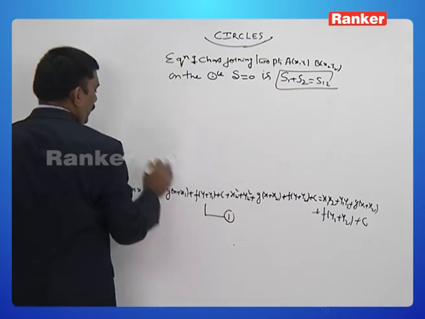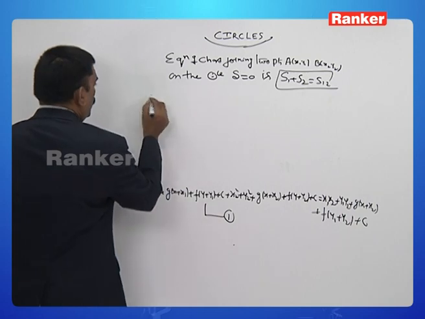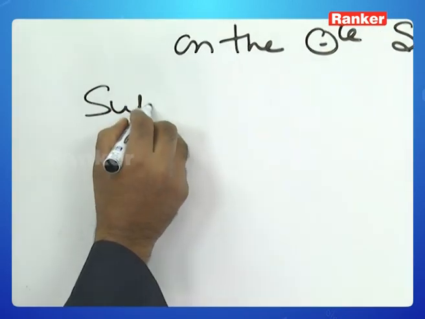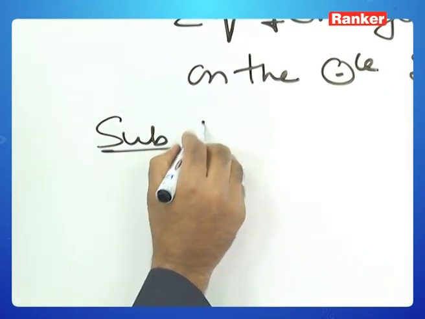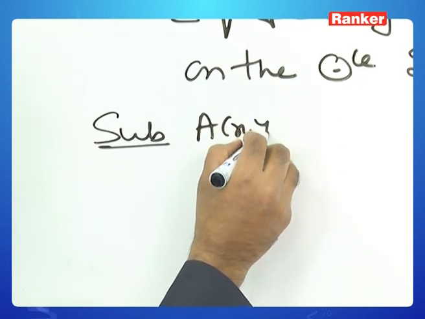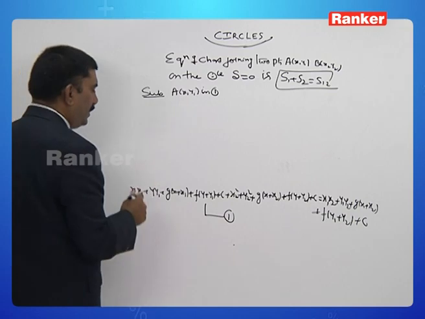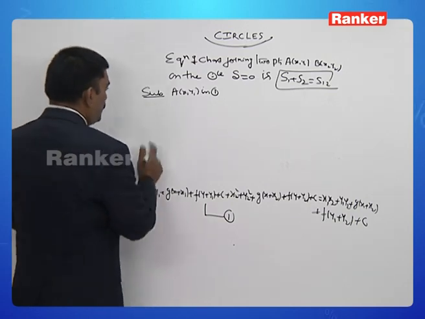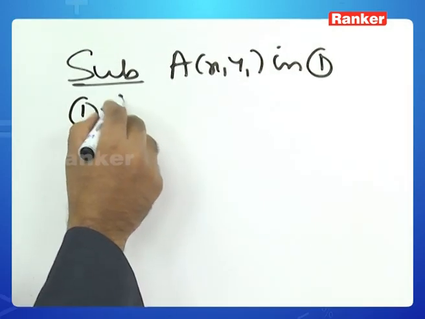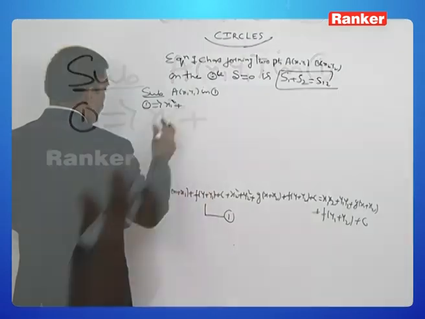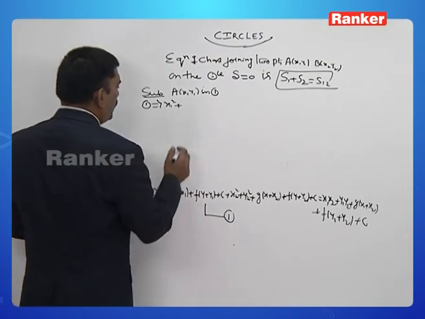Now we can observe, substitute A of x1 comma y1 in 1. In place of x and y, substitute x1, y1.